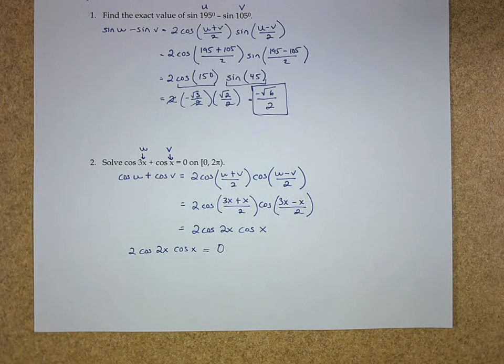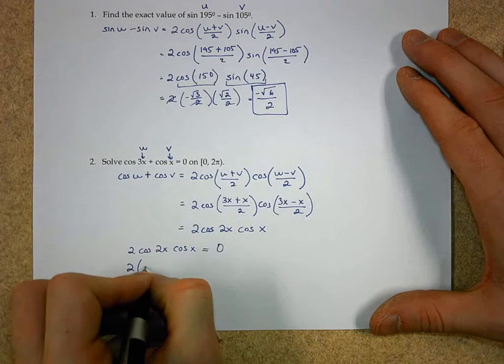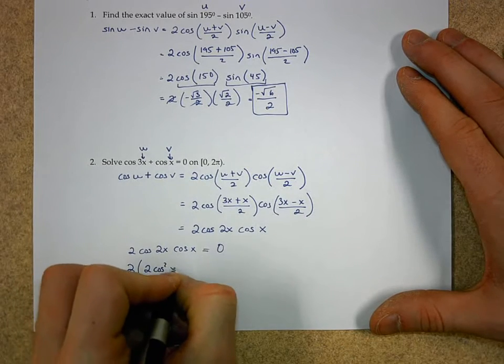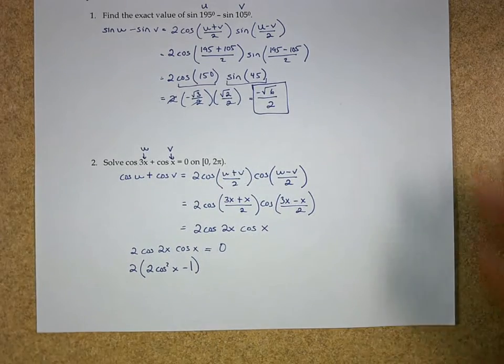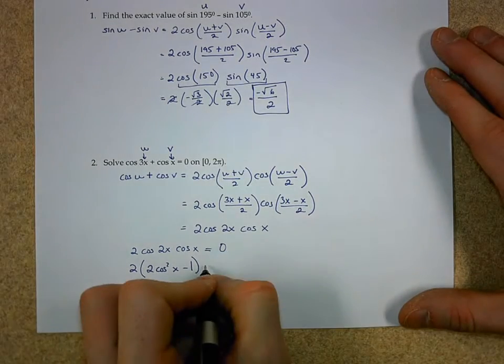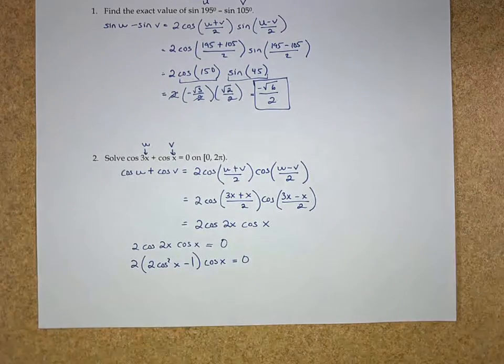And since everything is in terms of cosines, let's use the double angle formula that is just cosines. So the cosine of 2x can simplify down to 2 cosine squared of x minus 1, and that's being pulled straight from your double angle formulas, times the cosine of x is equal to 0.